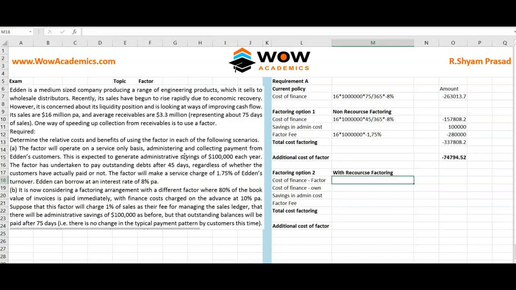In the first factoring, that is non-recourse, in 45 days the factor will collect the receivables and give it to the company. But here this factoring will take 75 days to collect it. So that's what he says, that outstanding balances will be paid after 75 days. That is, there is no change in the typical payment pattern by customers this time. So the customers will take 75 days of time.